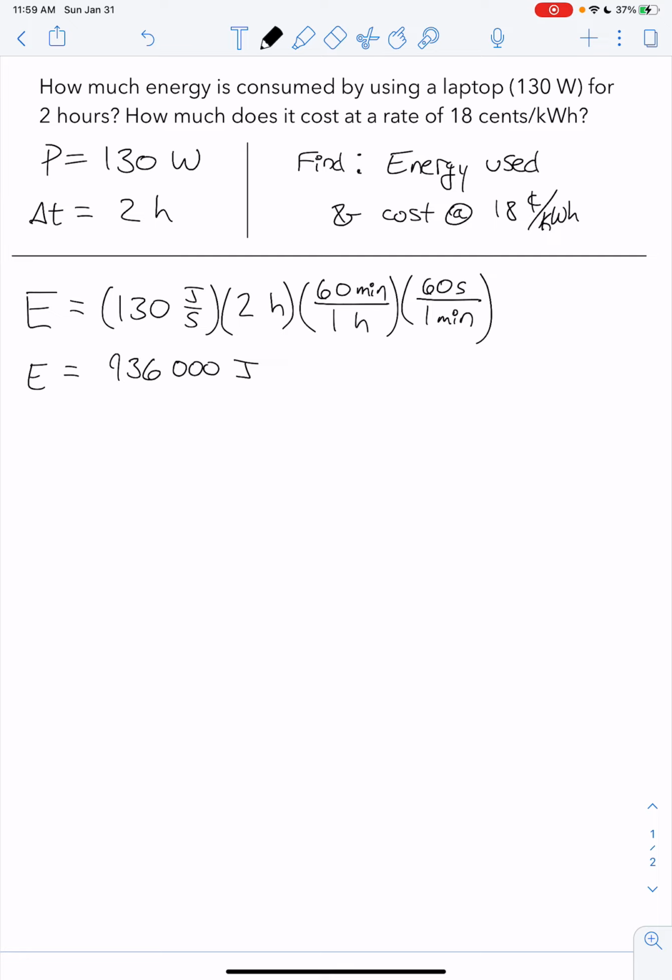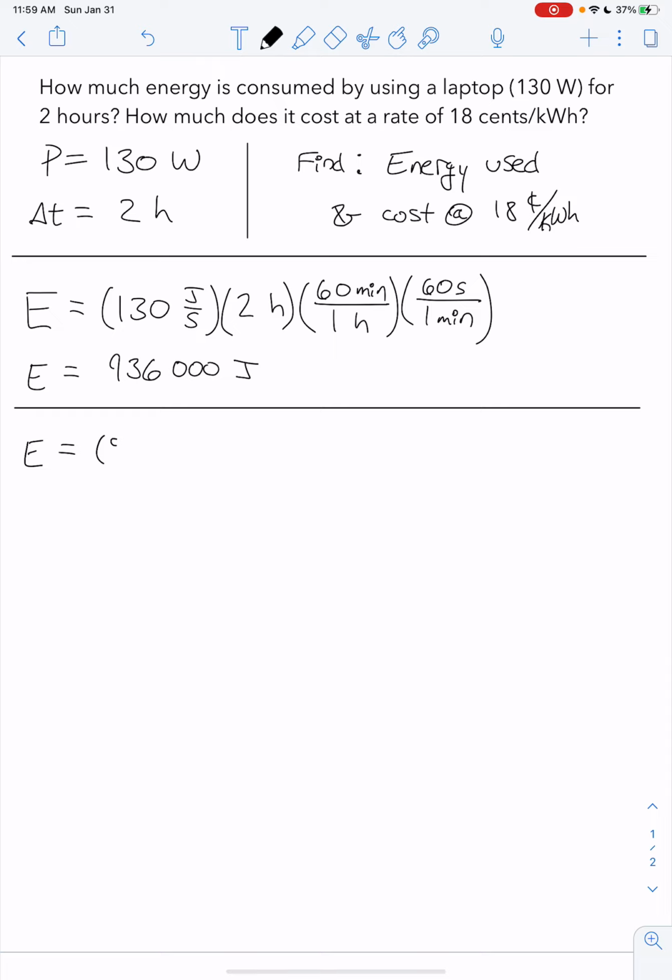Okay, that's great. That's the amount of energy. However, we're not given a cost in terms of joules. We're given a cost in terms of kilowatt hours. So what we're going to need to do is convert the energy to kilowatt hours. We'll have our amount of energy in joules, and what we want is some conversion factor.